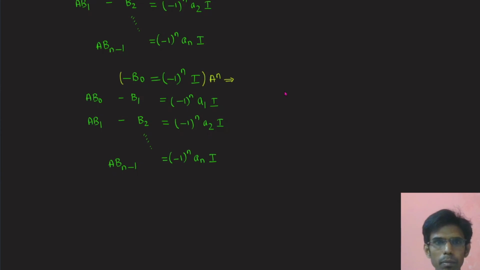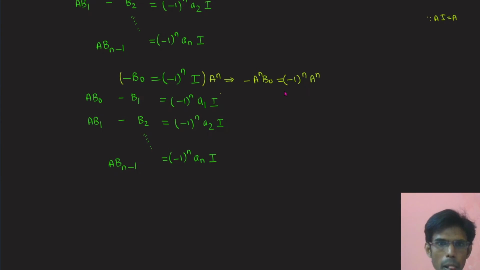This will now become minus A^n b0 is equal to (-1)^n A^n I. Matrix, we know that any matrix A into I will give you the same matrix A only. So leave that I matrix.